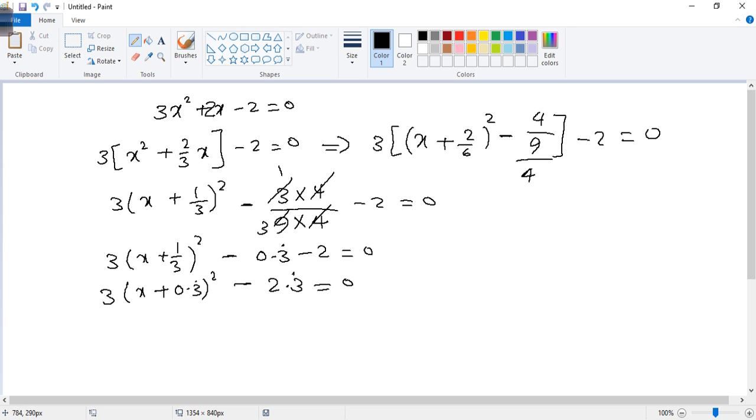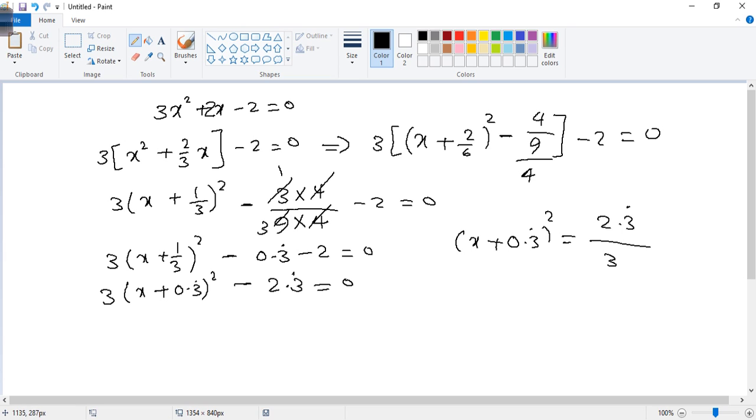This one we take to the other side, and we divide by 3. It will be x plus 0.3 recurring squared equals 2.3 recurring divided by 3.